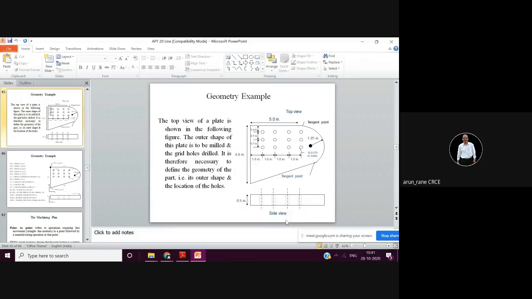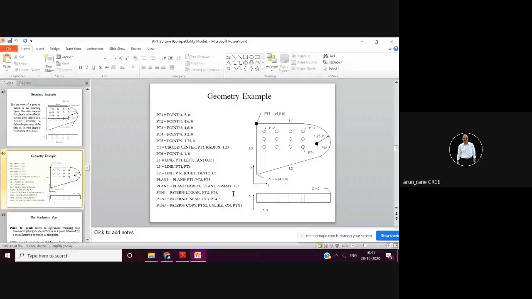So this is actually not a side view, this is front view, and this is your top view. There is a mistake here. This is a front view and this is a top view. So how will we define point 1?